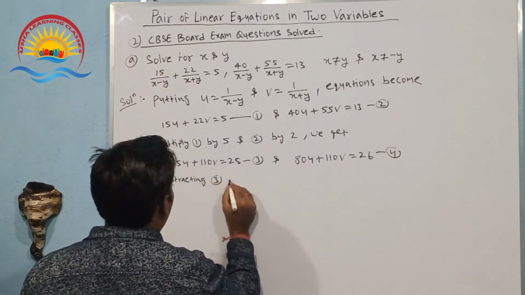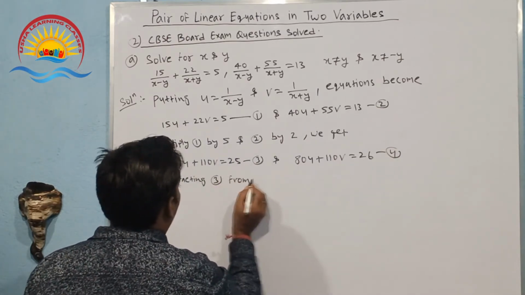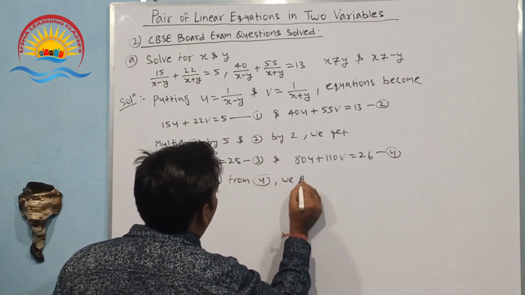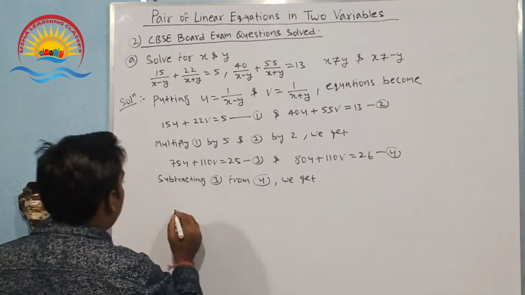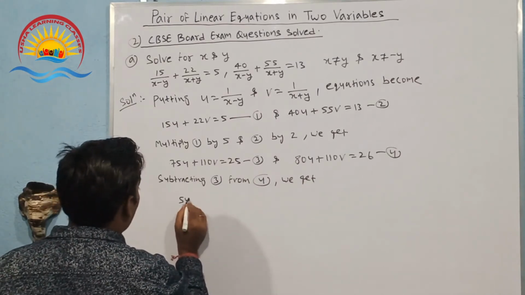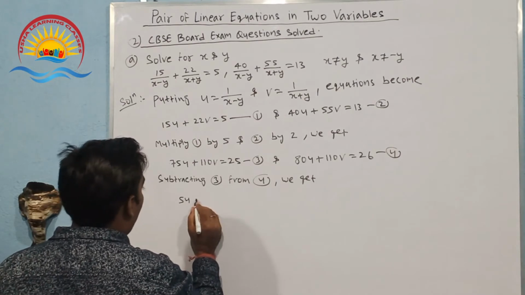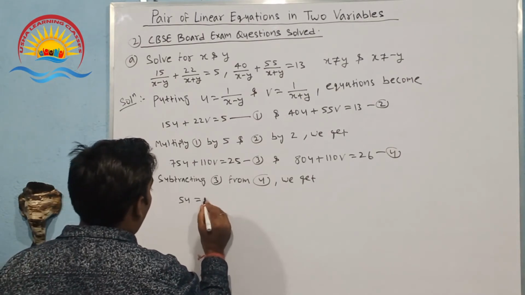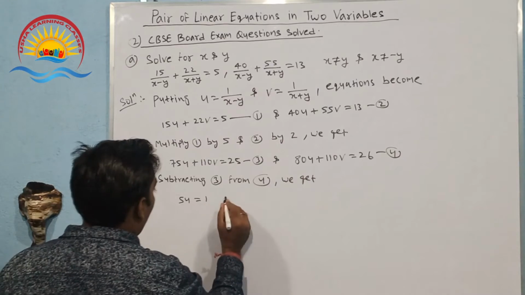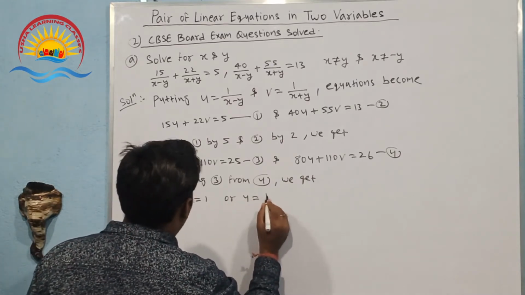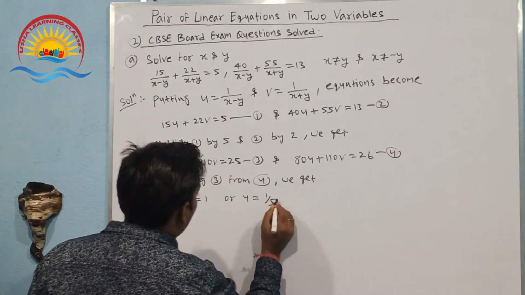Now subtracting 3 from 4, we get 5u equal to 1 or u equal to 1 by 5.